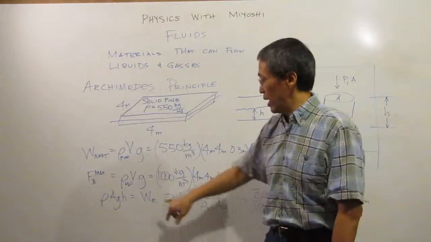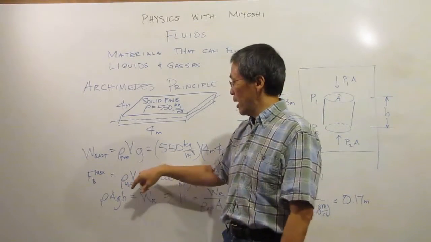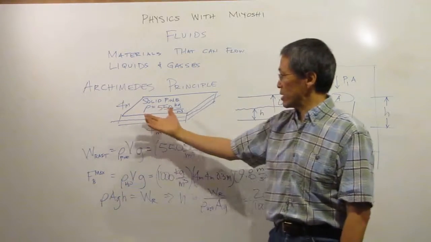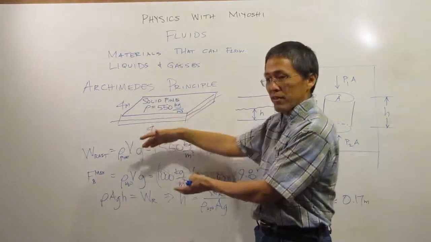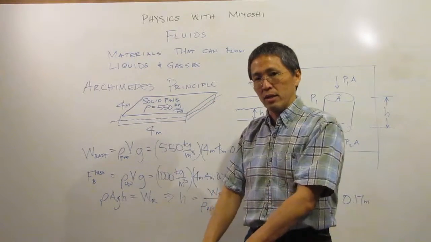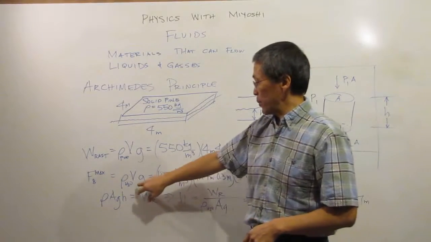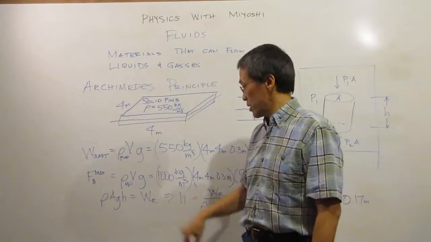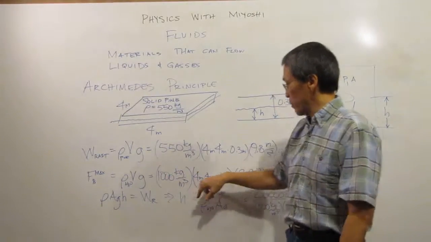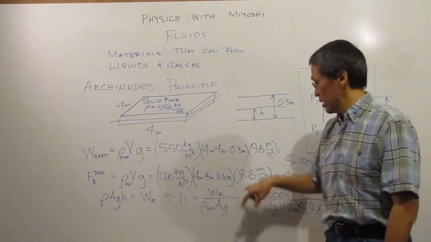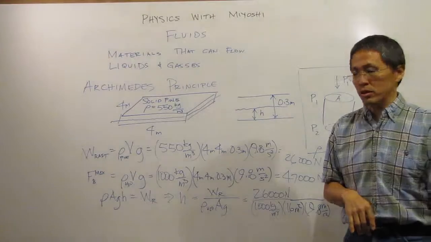We calculate that again by rho, in this case of our water, times volume, in this case again of our same raft, because as soon as we stick the raft all the way in the water, we displace that much water. Then we multiply that by the acceleration due to gravity again. So we have 1,000 kilograms per meter cubed, multiplied by the volume of our raft again, times 9.8 meters per second squared, and we get 47,000 newtons this time.